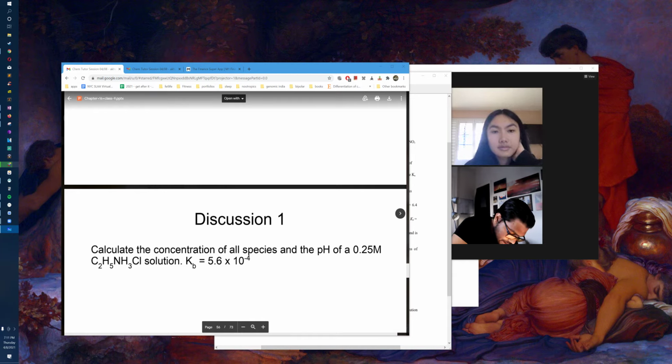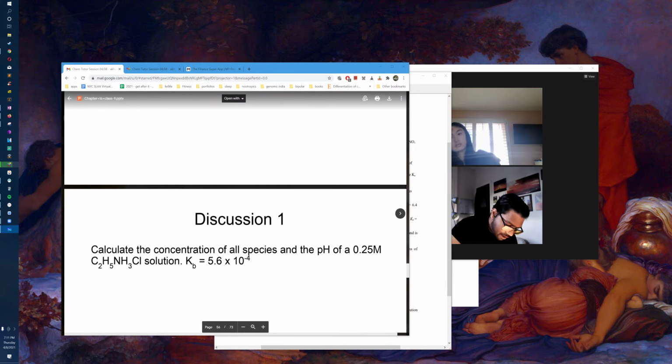So Ka is equal to, denominator would just be 0.1 molar, and 11% of that, right? So 1 over 10 is 0.1, and we need to find 11% of it. So we can multiply it by 11 over 100.